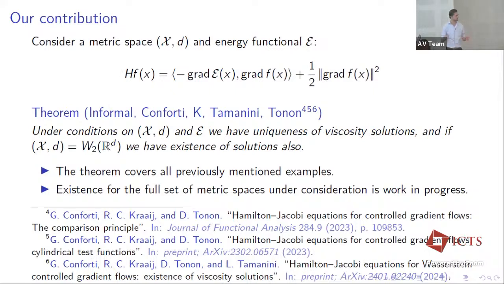But the second thing is you need to be able to solve controlled versions of your gradient flow. And in the Wasserstein case, you can plug in simply PDE results that give you controlled solutions. And so you can actually import methods from the Wasserstein world. Whereas in a general metric space, of course, you need to come up with more general methods to do so. So this is kind of the thing that we ran into. Of course, in a Hilbert space, we can also do it, but we opted to immediately go for the general metric setting.